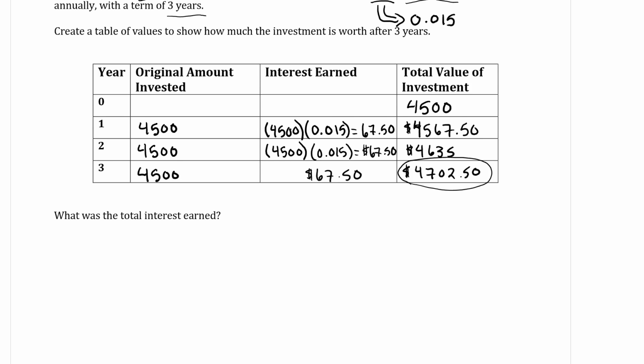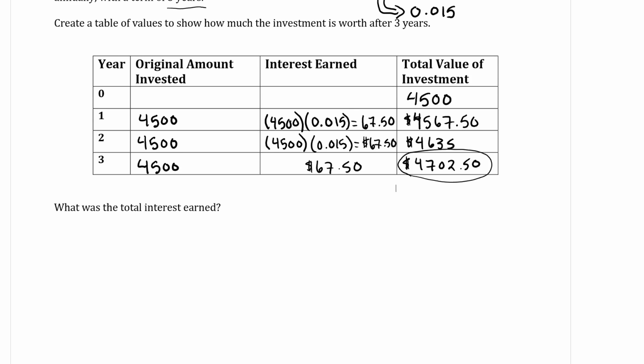The question goes on to ask, what is the total amount of interest earned? The total amount of interest earned is the total value of the investment, which we're going to call our future value, FV, minus the amount originally invested, which is the principal.